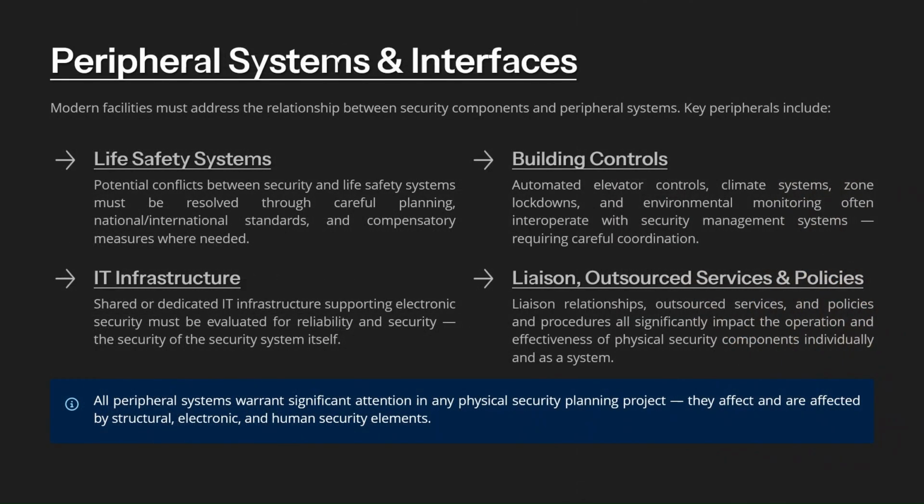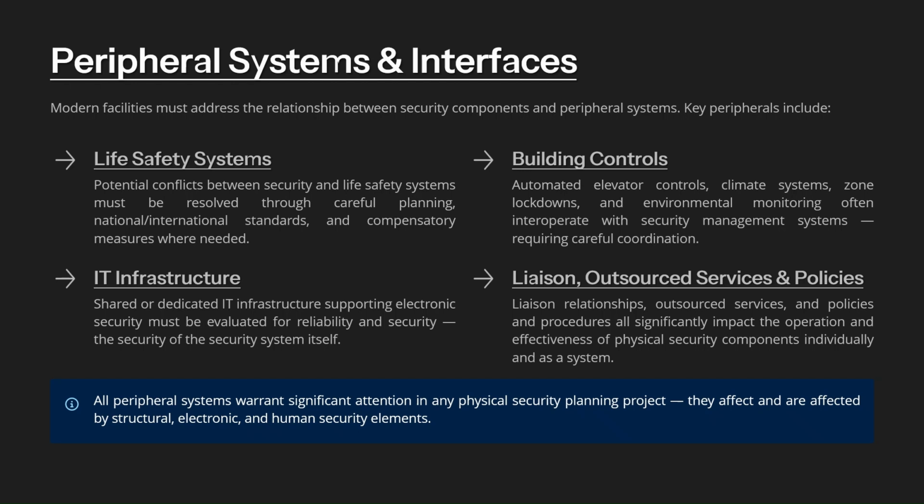Finally, we look at peripheral systems and interfaces, which connect and support the entire security framework. Life safety systems, such as fire alarms and emergency exits, must work seamlessly with security systems. Building controls, including HVAC and automation systems, can impact and enhance security when properly integrated.